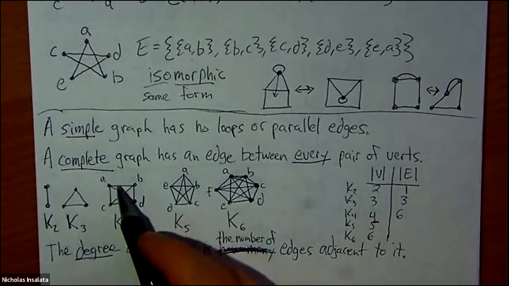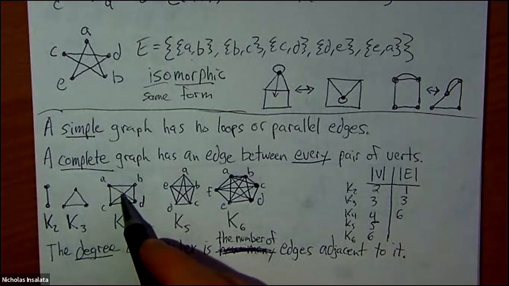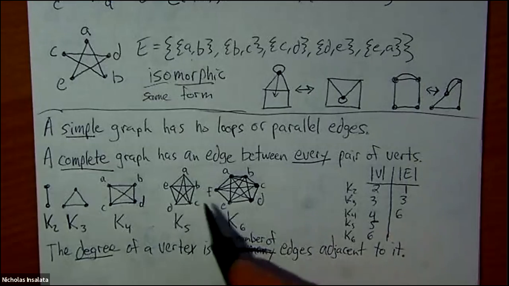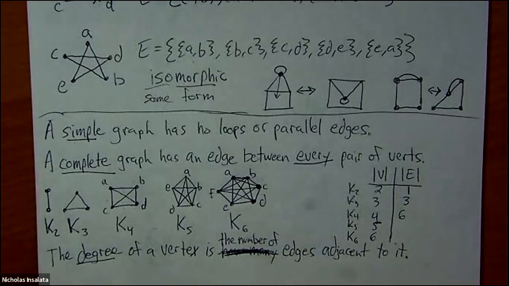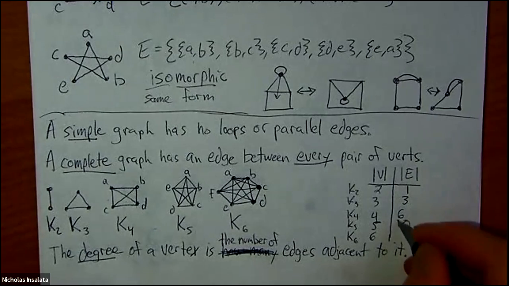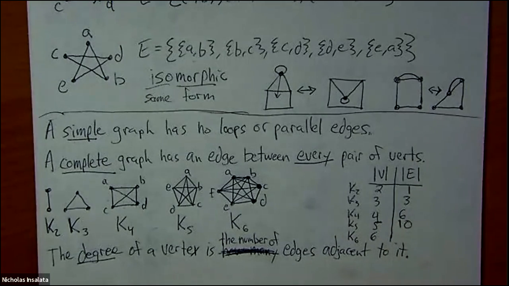Okay, good. 1, 2, 3, 4, and then the 2 diagonals, 5 and 6. Okay, how about K5? Got a pentagon and a star, which each have 5 edges, right? So what's the total? 10. And then K6? 18. Not 18. That's a little high.